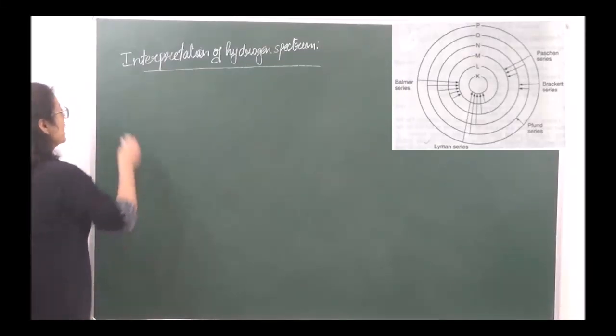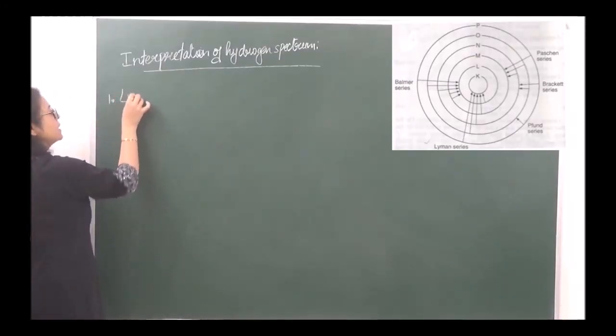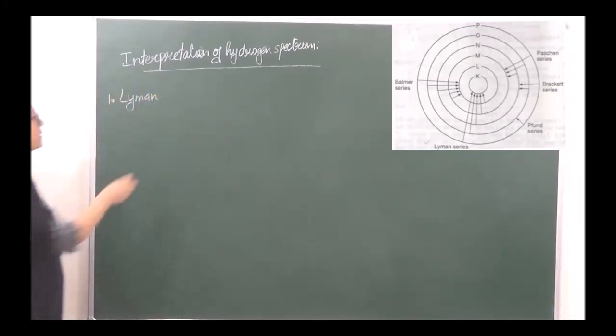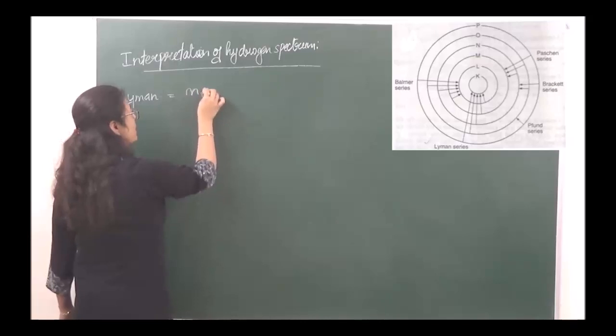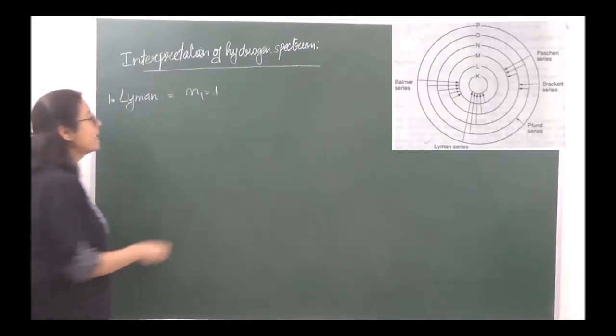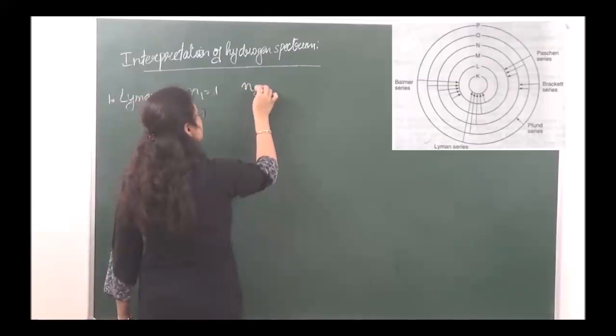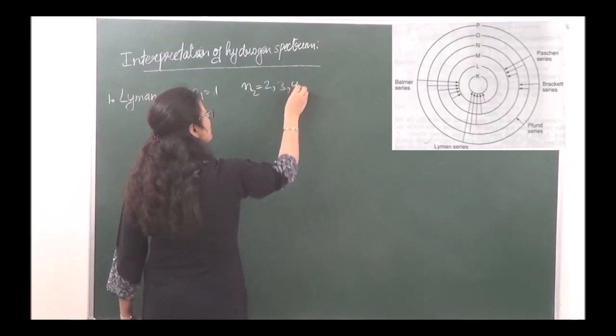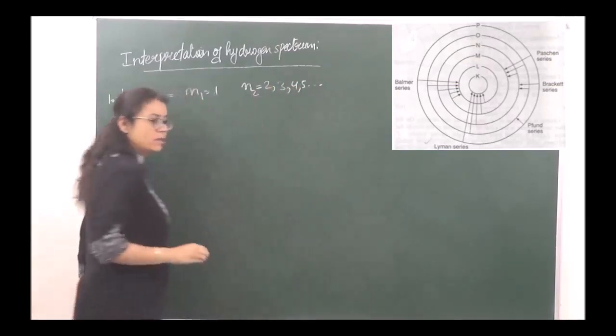When we look at the first series, the Lyman series, we said that n1 is equal to 1, and n2 is equal to 2, 3, 4, 5 and so on.